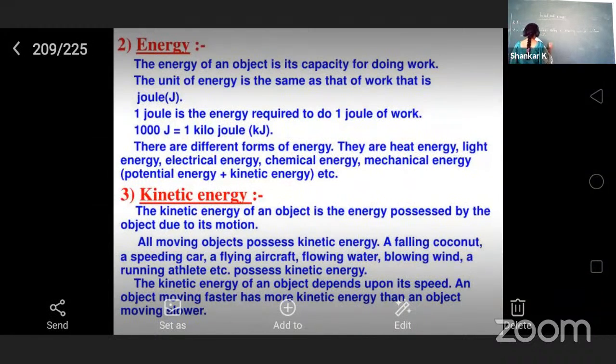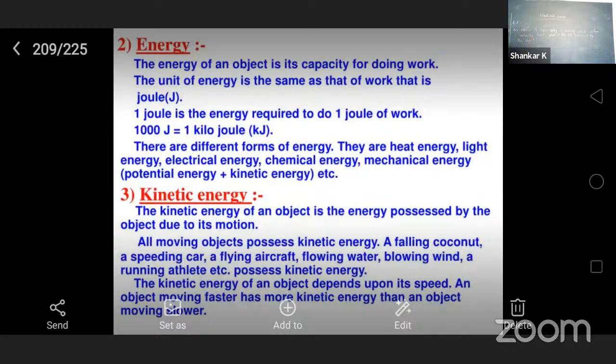What is the kinetic energy caused by the object?